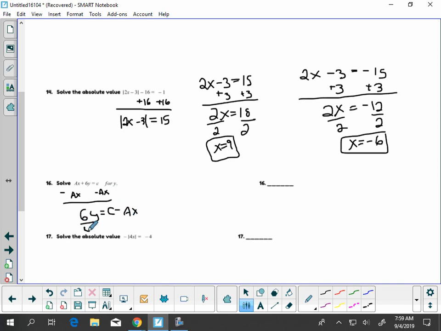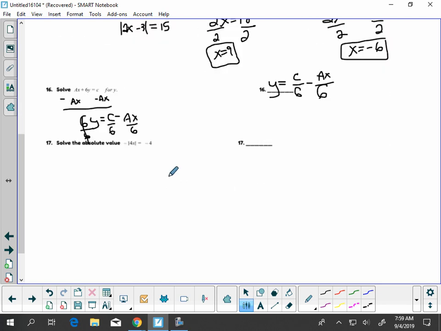Divide everything by 6. Make that 6 look a little better. And I'm going to be left with y equals c over 6 minus ax over 6.